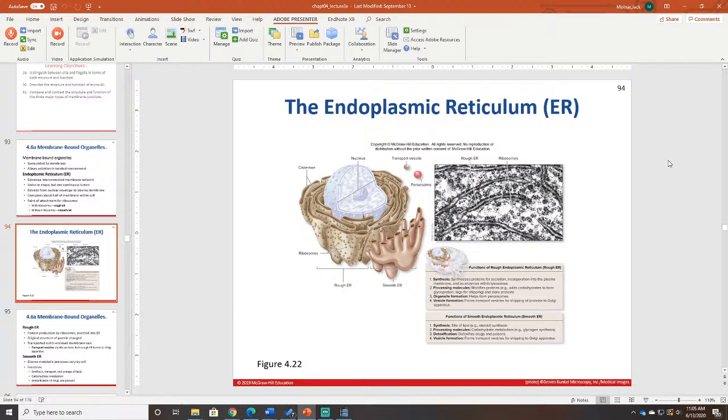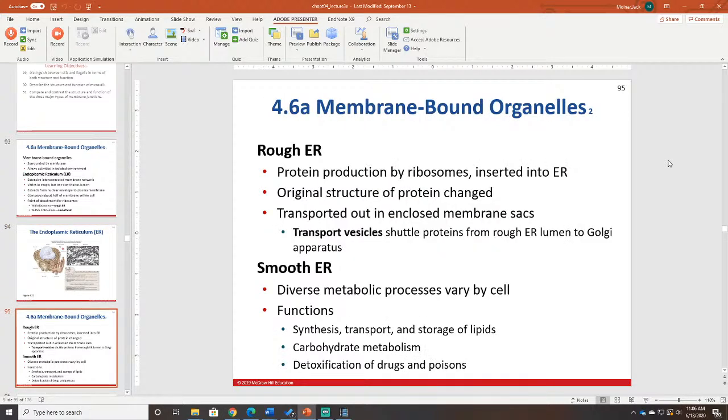All right. And so here we see the rough endoplasmic reticulum is immediately outside and connected to the nuclear envelope. And connected to that is the smooth ER, smooth endoplasmic reticulum. So the rough ER is where we produce proteins.